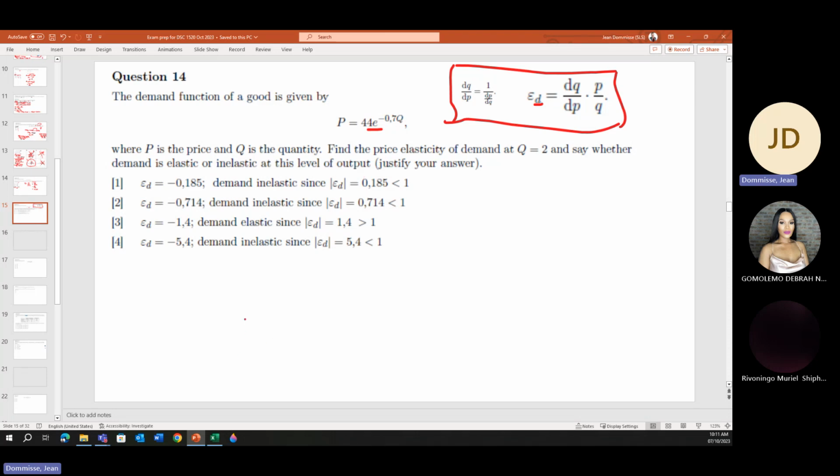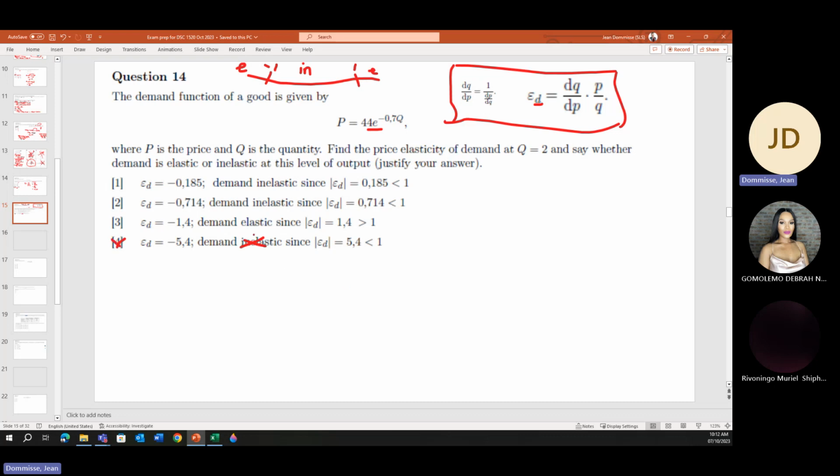Okay, what I normally also love to do is to just draw the points where it's 1 and minus 1. We know that if it's more than 1, it's elastic. If it is between minus 1 and 1, it's inelastic. And if it's smaller than minus 1, it's elastic. So when I looked at it, I realised that something smaller than minus 1 is elastic, so it's not inelastic.